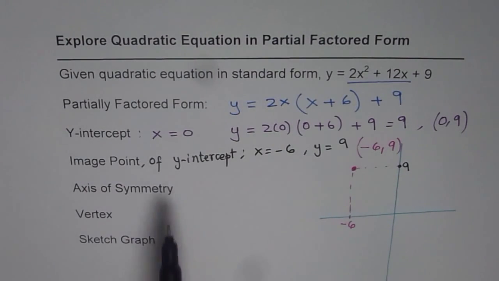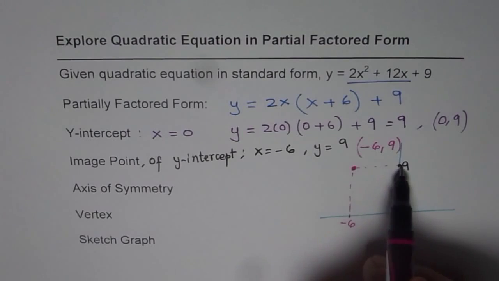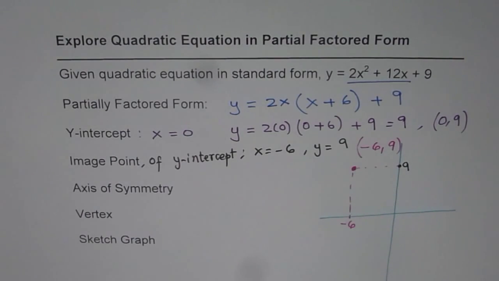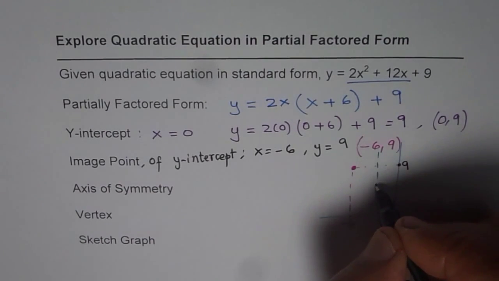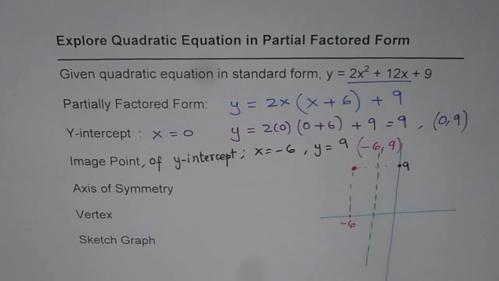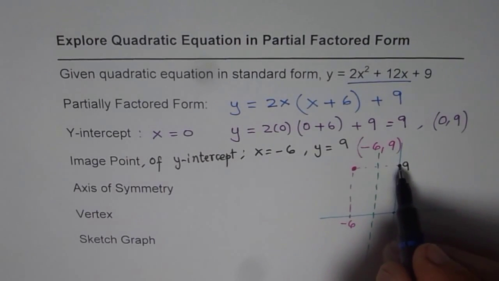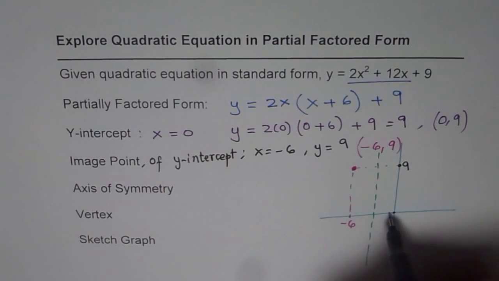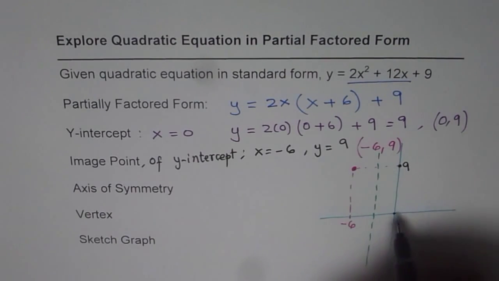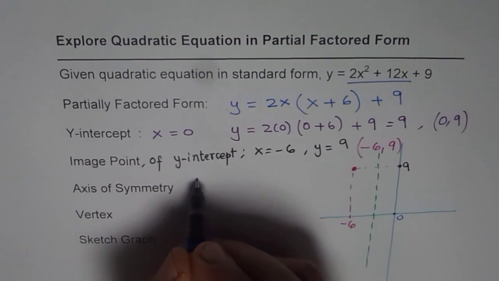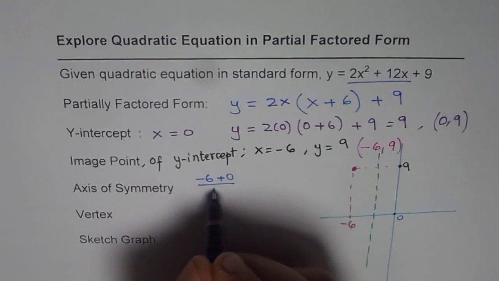Now axis of symmetry. Since we know 2 points which are horizontally placed, the axis of symmetry will be midway between them, right in the center. So we need to find the midpoint. We have (0, 9), that is your y-intercept, and then we have (minus 6, 9), which is the image point of the y-intercept. The axis of symmetry is midway, so it is minus 6 plus 0 divided by 2.